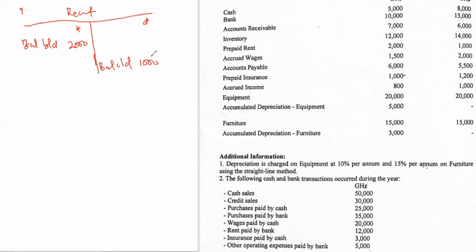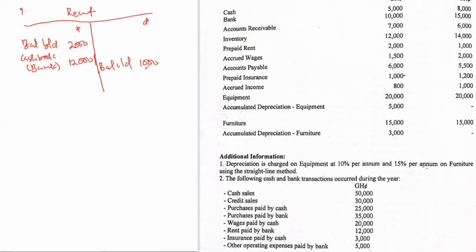So let's say cash book, bank. When bank comes here, it will be on the credit side, which is 12,000.